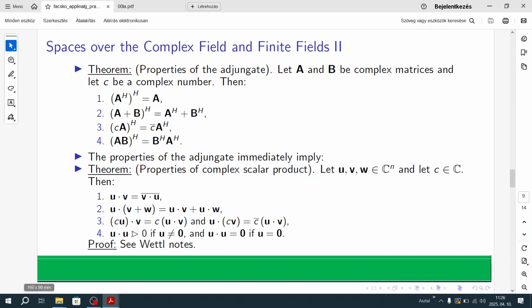Which is important, if you do this complex scalar product and multiply a vector by itself, then it's not zero if the vector is not zero. So this is good to calculate the distances and the magnitude of the complex number. That's my remark.